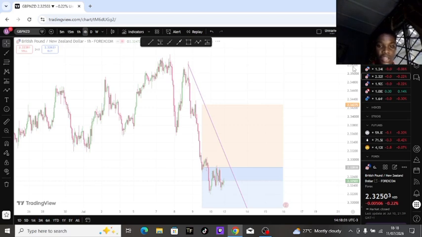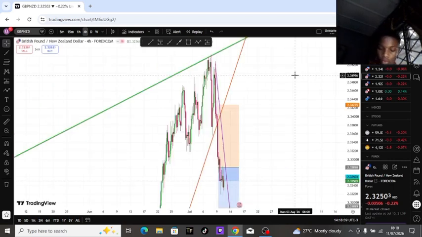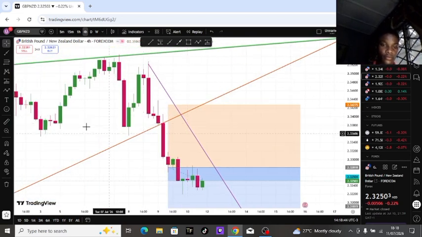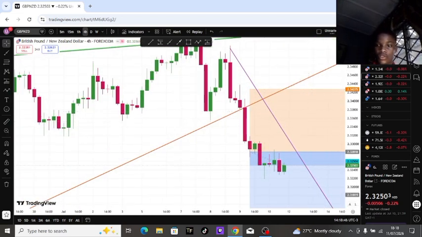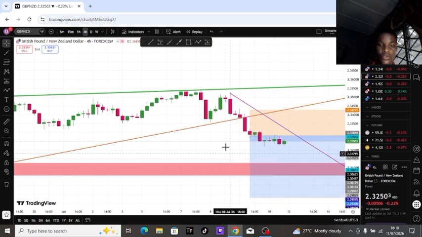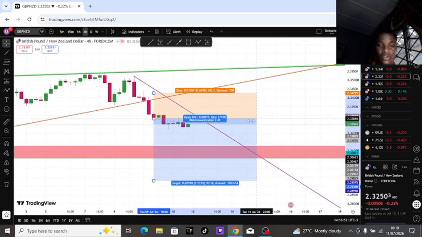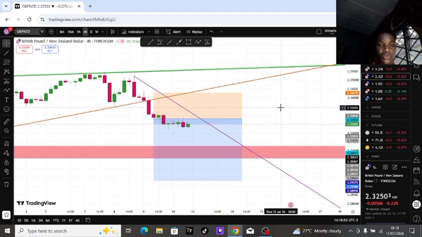So I was ranging. I took this trade on Thursday. Yeah, this trade right here. Two trades on Thursday. It's 1 to 3, I mean 1 to 2. Yeah, 1 to 3, 1 to 2.